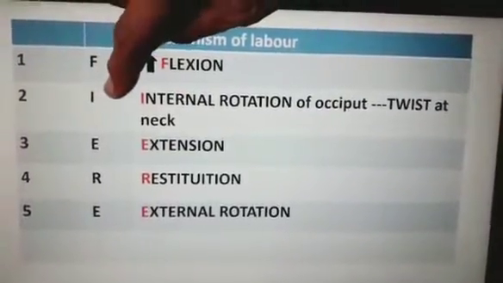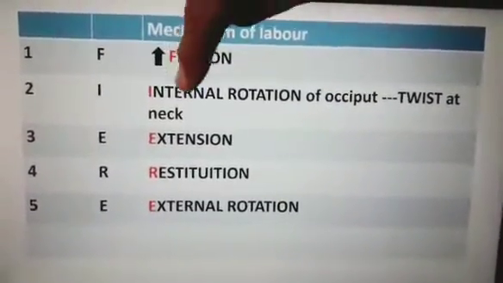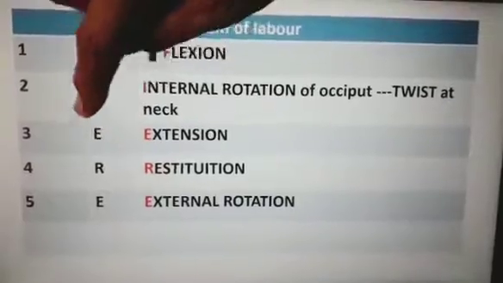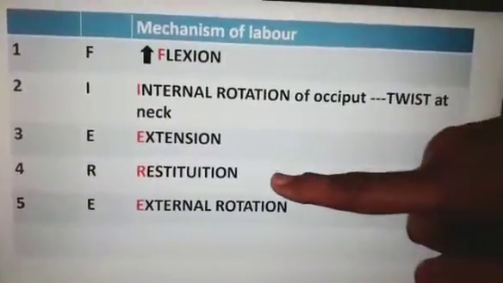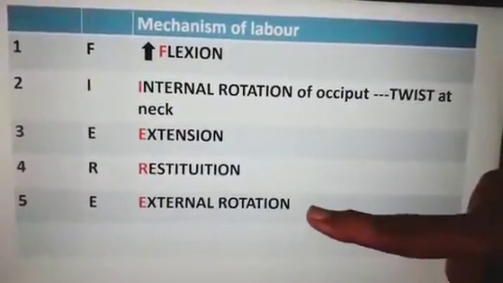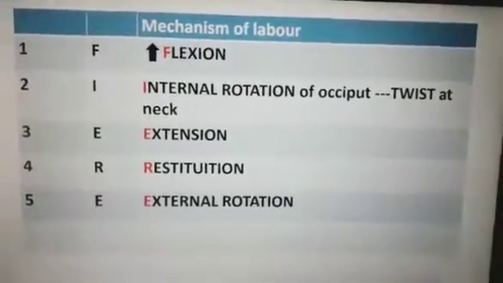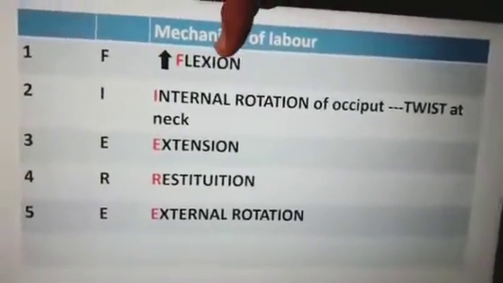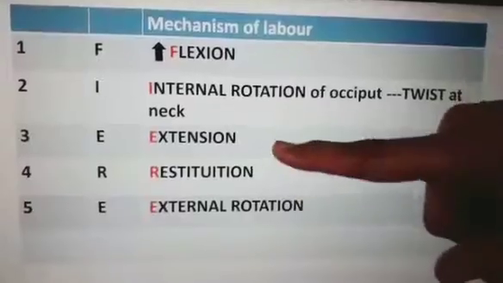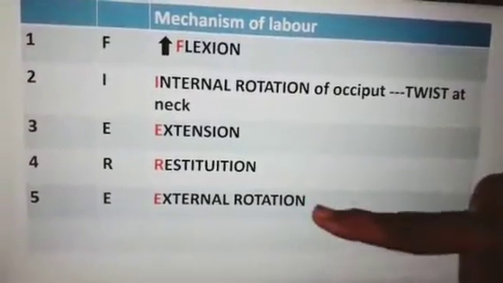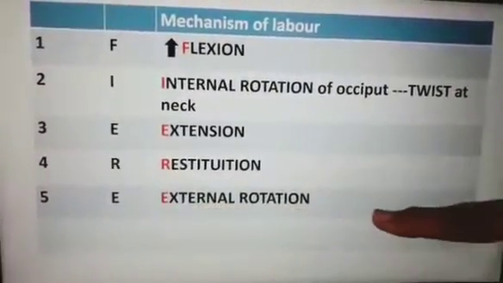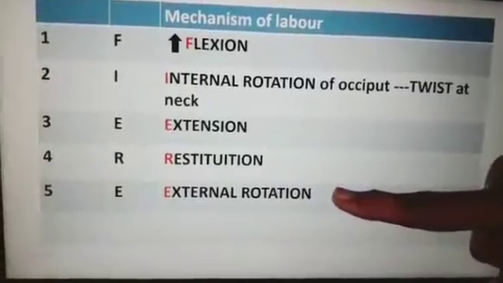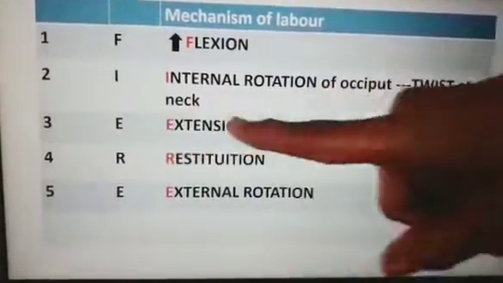Second movement in any labor is internal rotation. Then extension, then restitution, and lastly external rotation. So the first step is increase of flexion, then internal rotation, extension, restitution and external rotation. The last movement is external rotation.